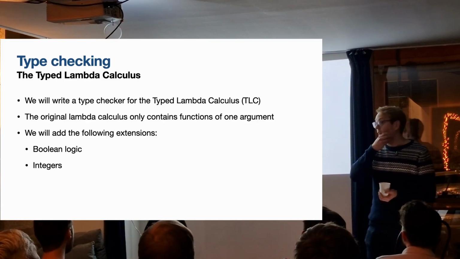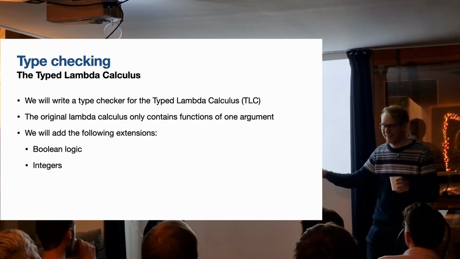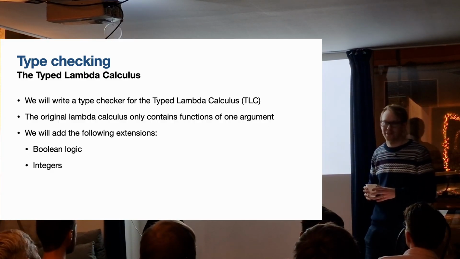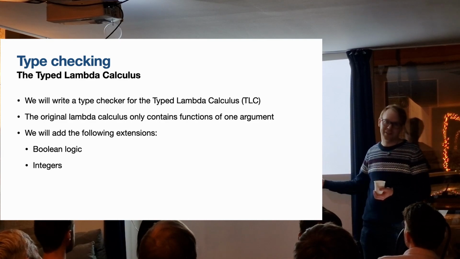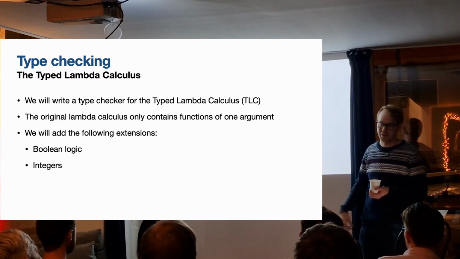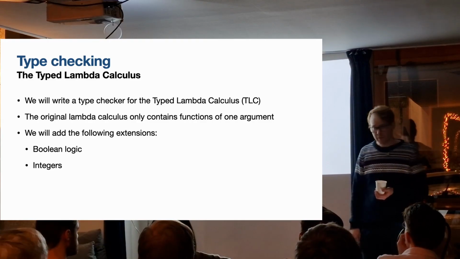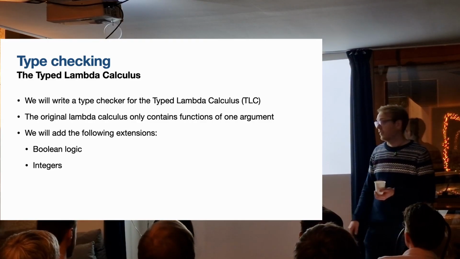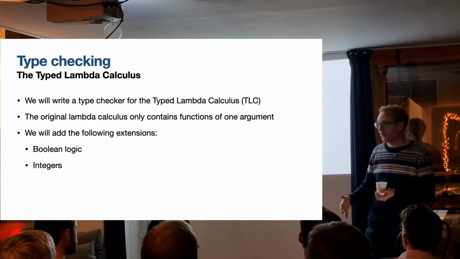Okay, and in order to not make this an entire semester-long course at the university, we will settle for a very simple language to type check, which is the typed lambda calculus. And the original typed lambda calculus is just functions.